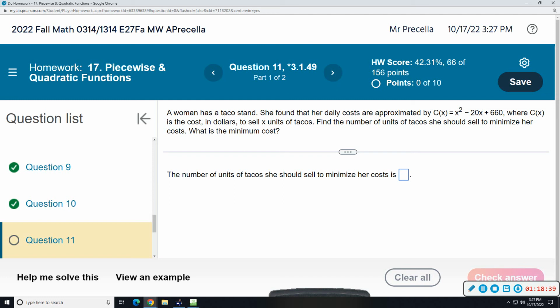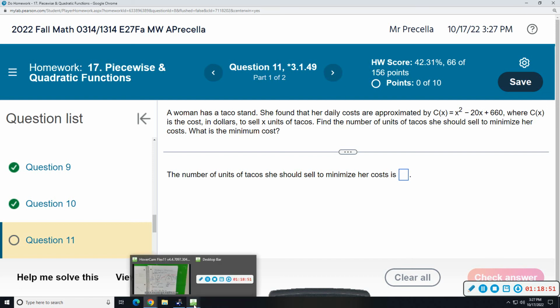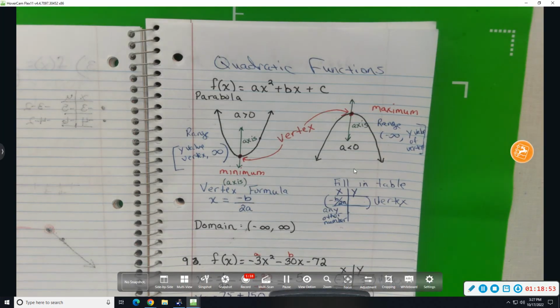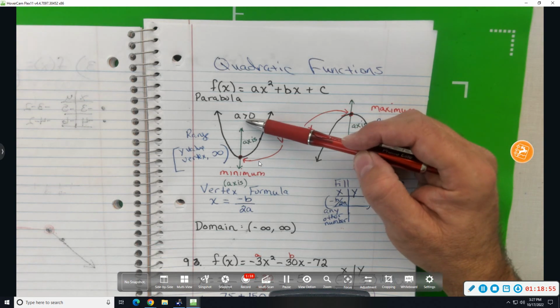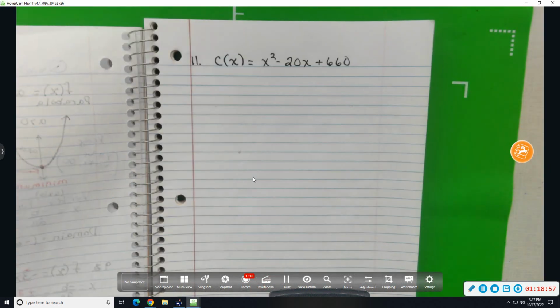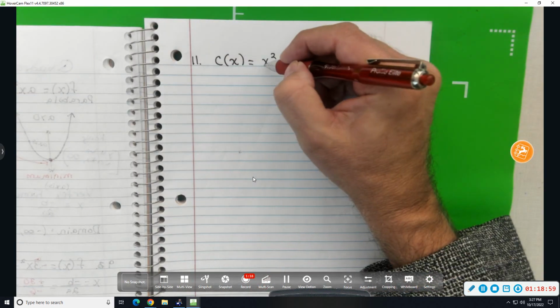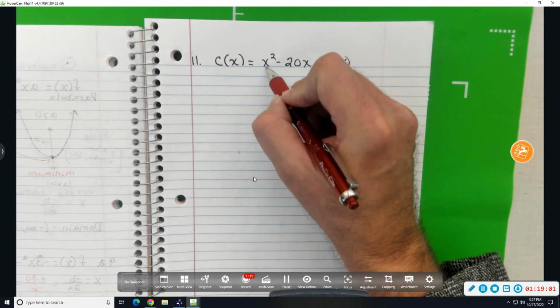Well, how do we even know that we're going to have a minimum? This is quadratic, so the graph's going to be a parabola. Remember how I said you can tell if it's opening up or down based on the number a. On our problem number 11, what's that number in front of the x squared?